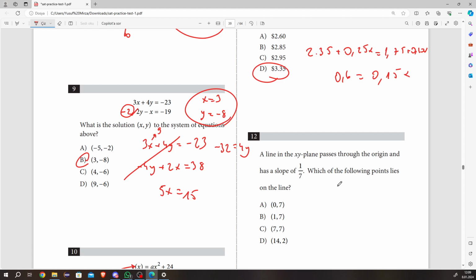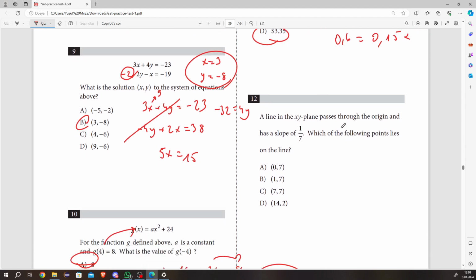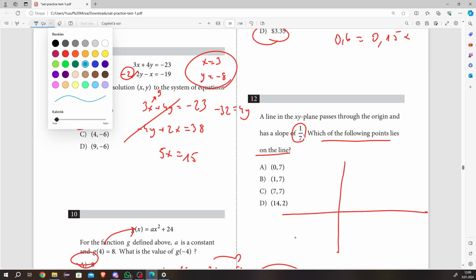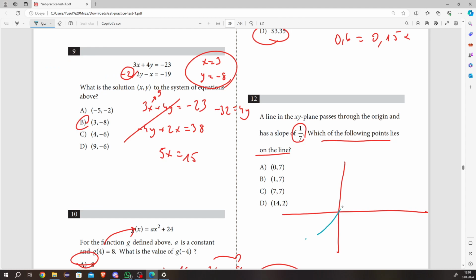3.235. A line in the xy-plane passes through the origin and has a slope of 1 divided by 7. Which of the following points lies on the line? Okay, we can draw it, and let's change the question again. It passes through the origin, and we can write this as its equation.